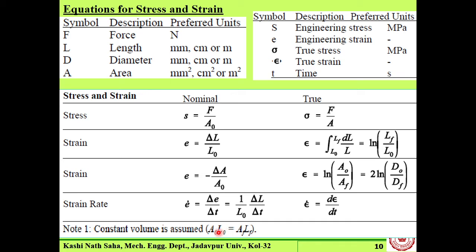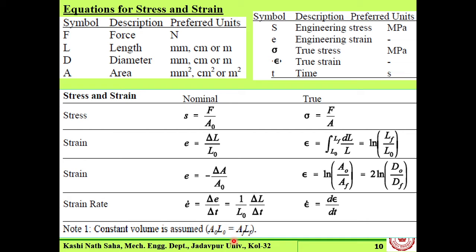So if there is no change in volume of the material, then obviously this A0 into L0 is a measure of volume. Total volume will always remain constant. From here what we get? What is A by A0?